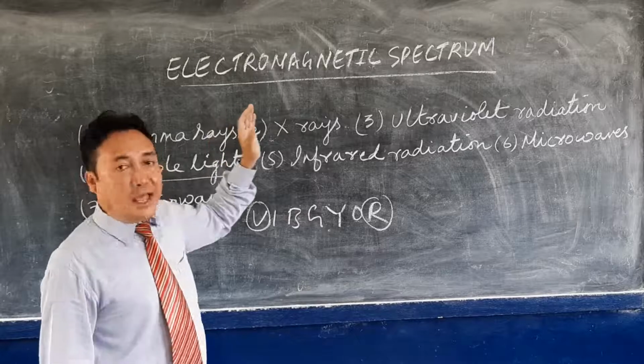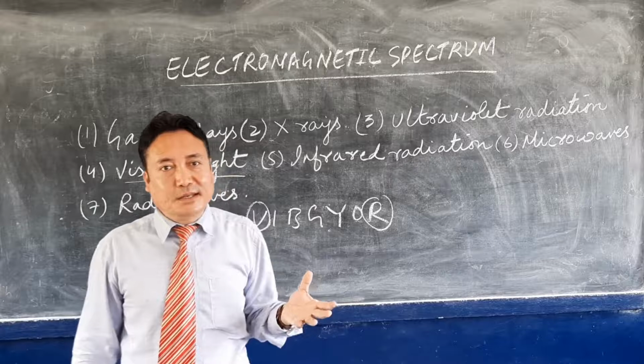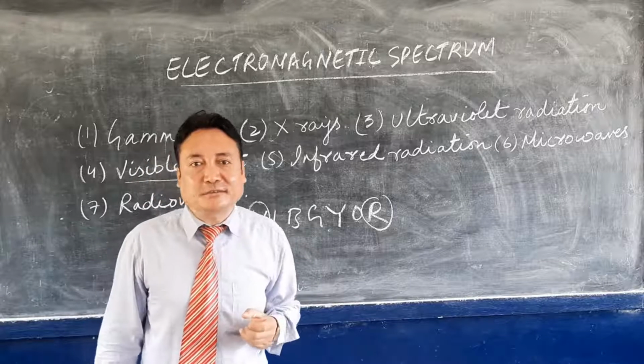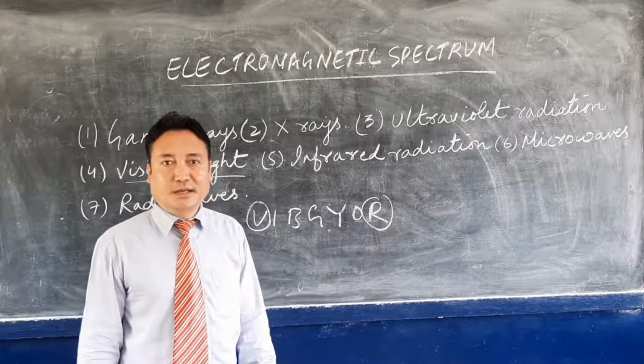Electromagnetic waves are associated with light, and their speed is the same as that of light, that is 3 into 10 to the power of 8 meters per second.